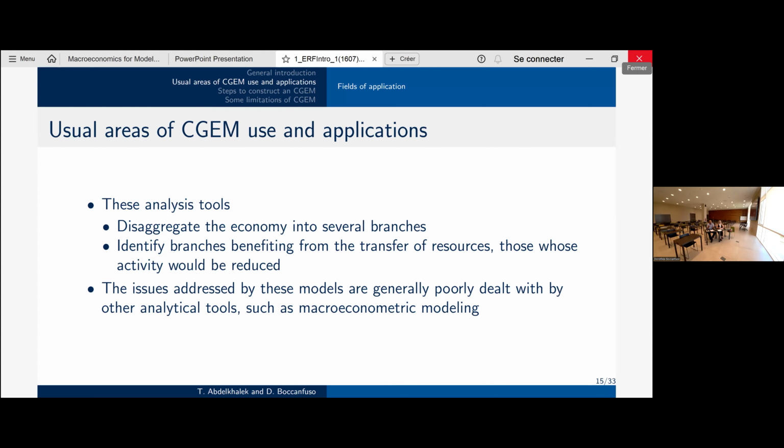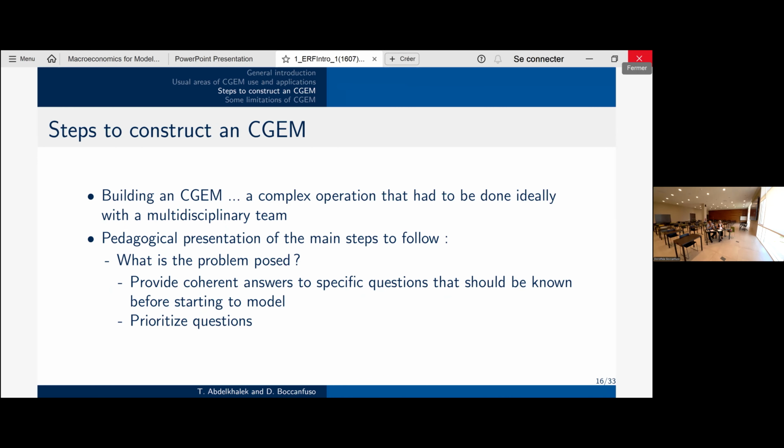With a CGE model, we can know the consequence of a shock or a policy on the economy, at the macroeconomic level, on the sectoral level, and perhaps at the microeconomic level. So this is the power of the CGE model. Of course, building a CGE model is a complex operation. Many students come to ask me, can I construct a CGE model for my master thesis in 4 months? No, generally no.